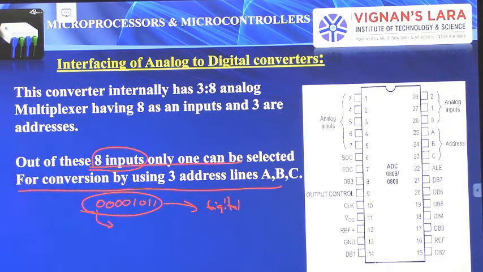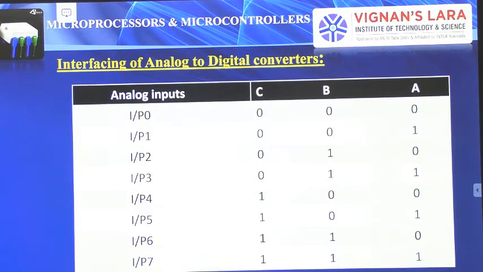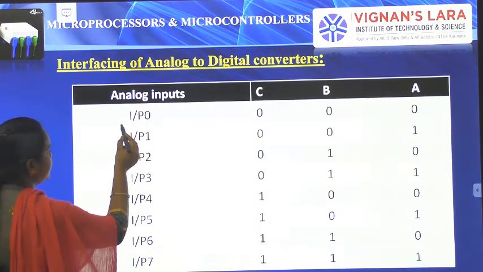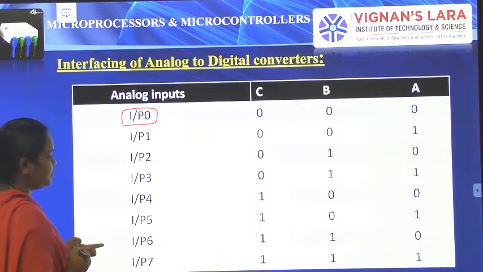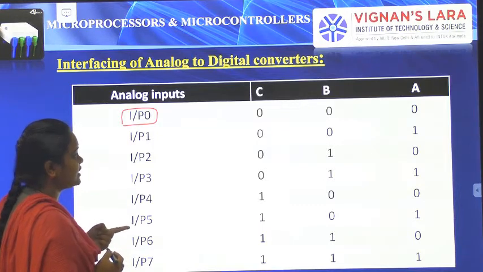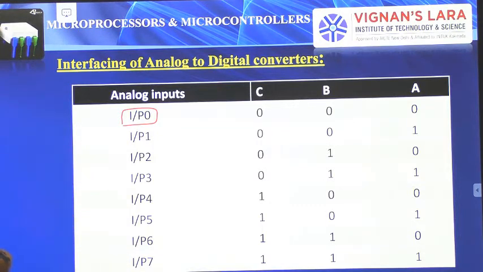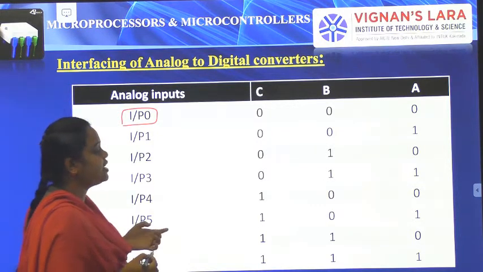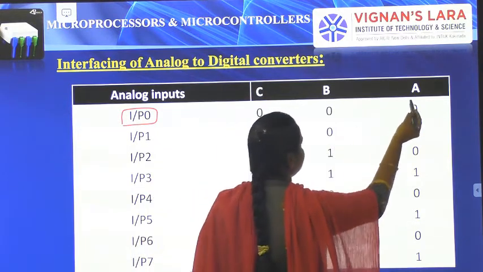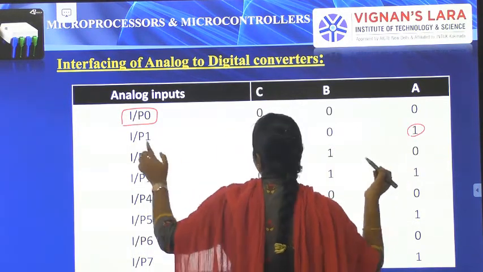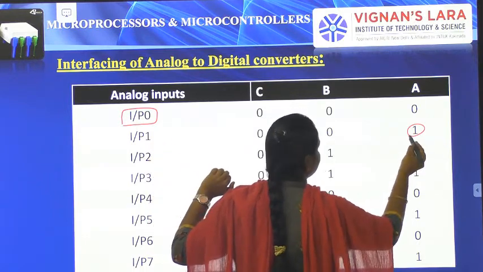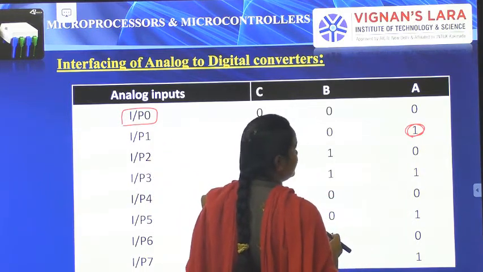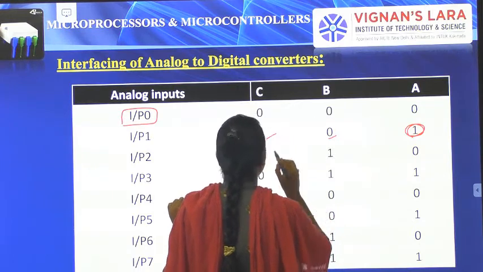We have input port 0, 1, 2, 3 up to 7, like this. For example, if the address ABC selects input pin 1, then the address will be 1 for A, and the others become 0.